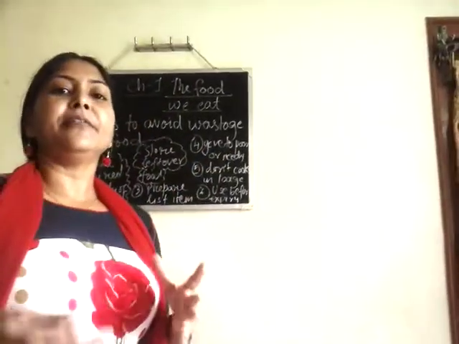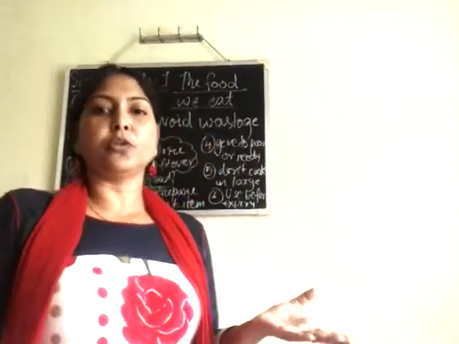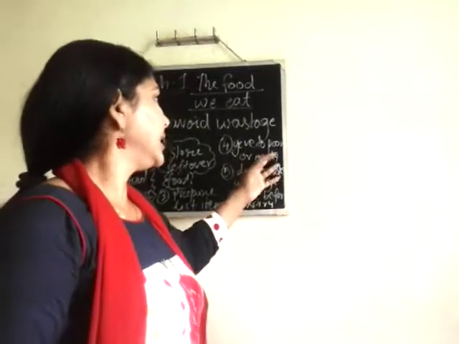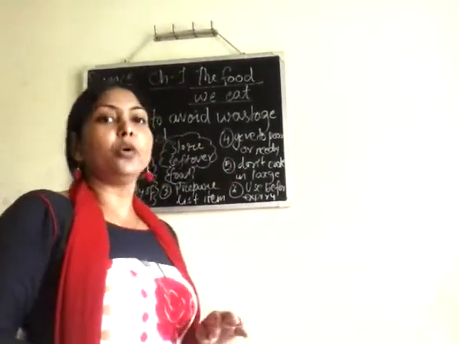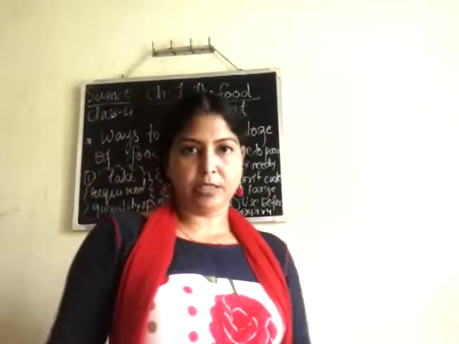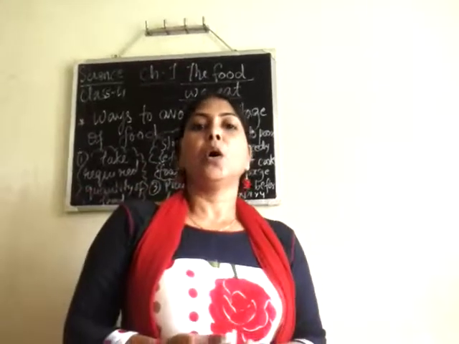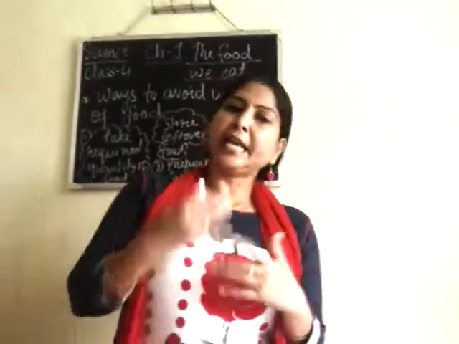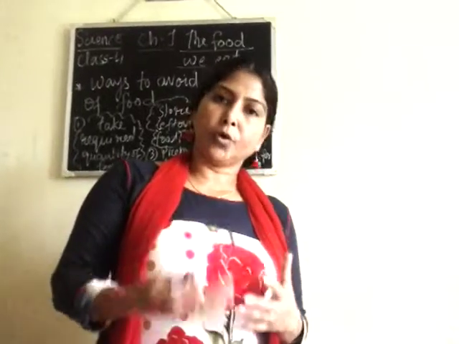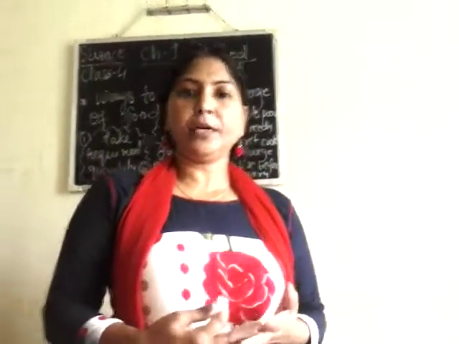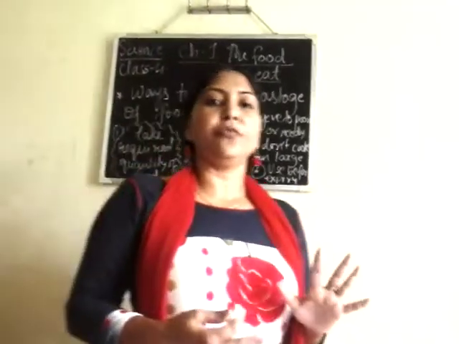Then, whenever there is leftover food during a function, give it to the needy or poor people. Next, don't cook food in a large quantity. And last but not the least, always use any edible thing before it gets spoiled, rotten or expired. So these are the ways by which we can avoid wastage of food.